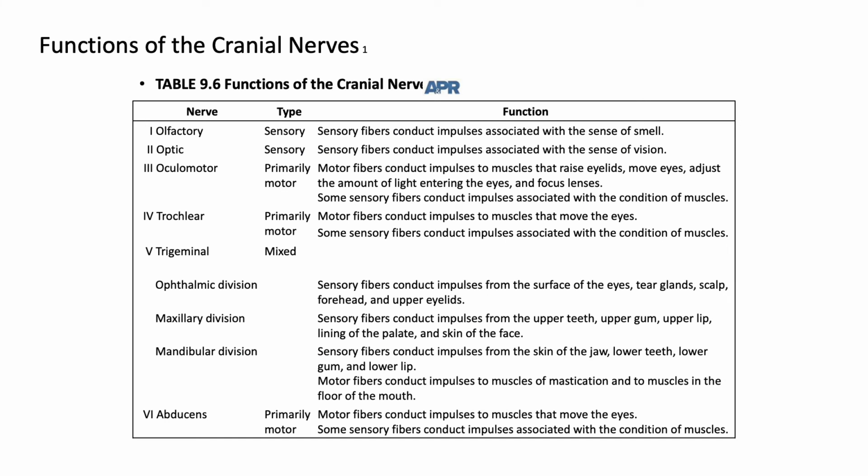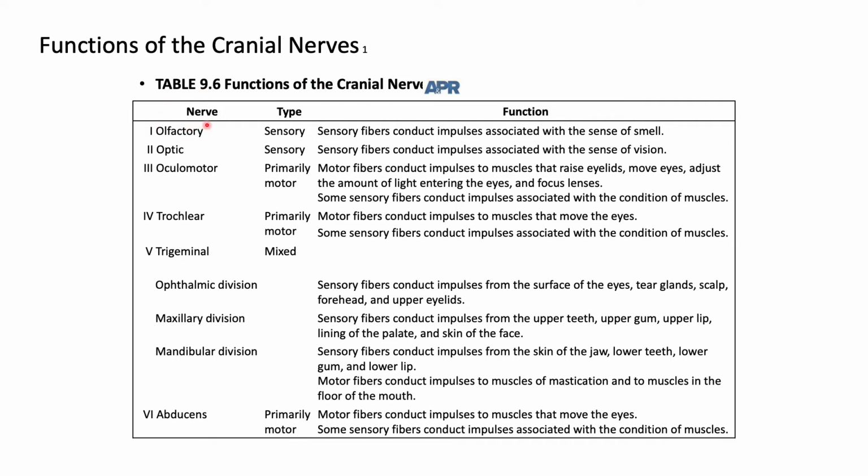This table summarizes the important function related to each cranial nerve. Just to simplify for you, I'm going to focus on a very important or essential function of each nerve, but you can go through this table on your own to know the complete function related to each cranial nerve.